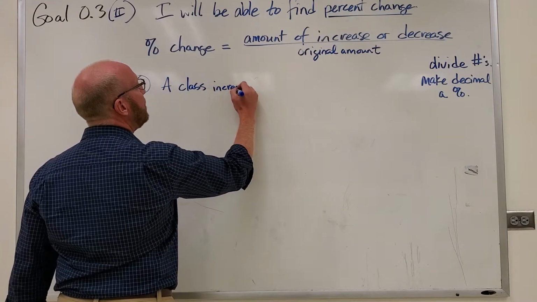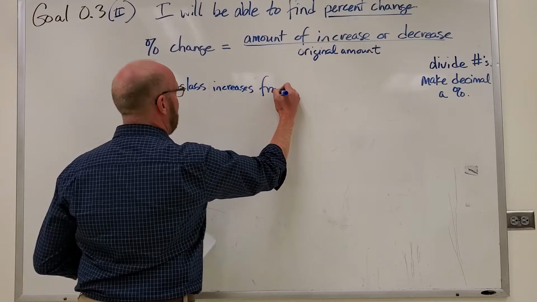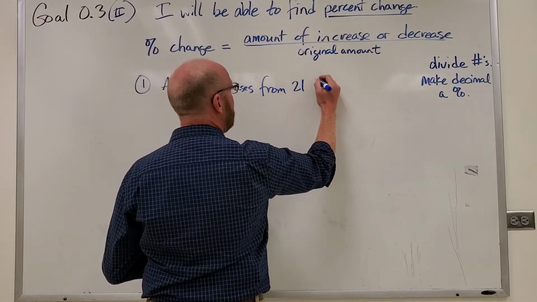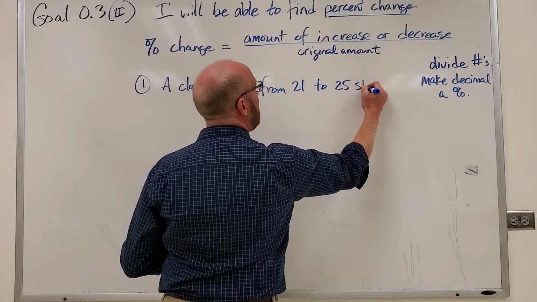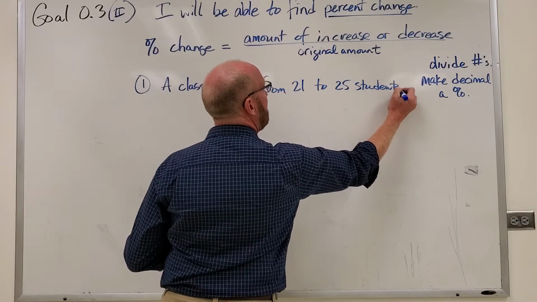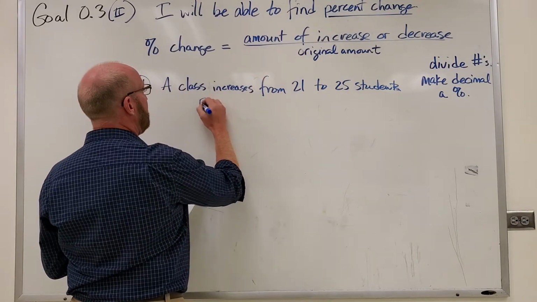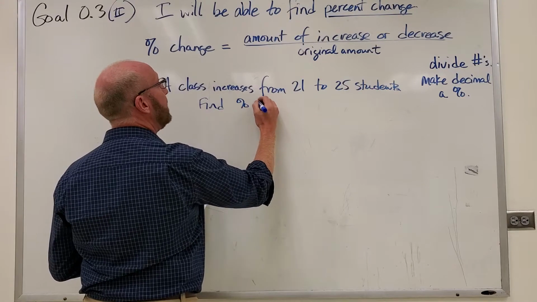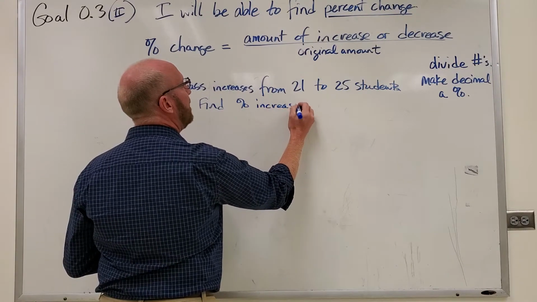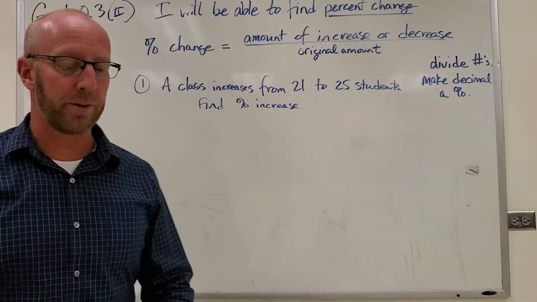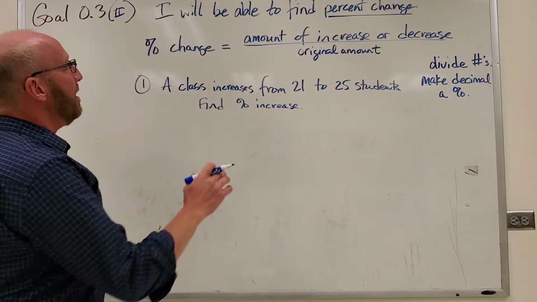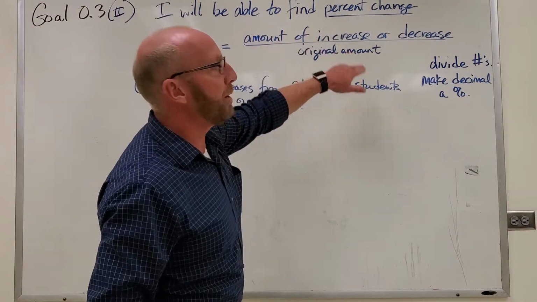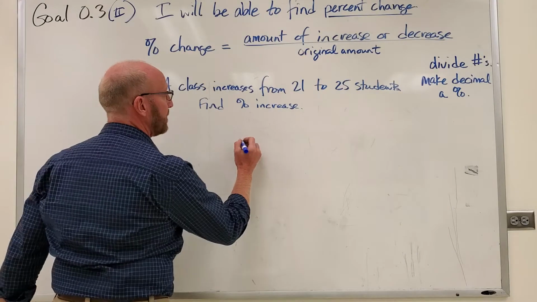A class increases from 21 to 25 students. Find the percent increase. All right, you increased from 21 to 25 students. So the numerator is going to be the amount it increased or decreased.